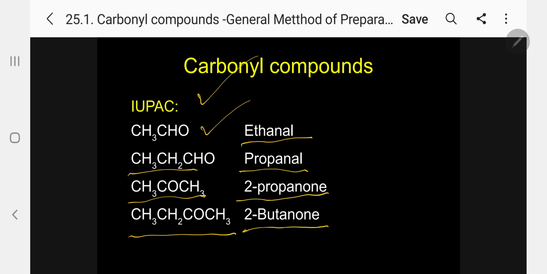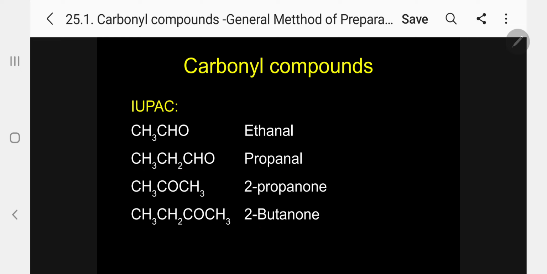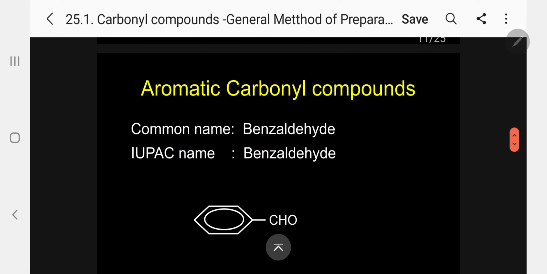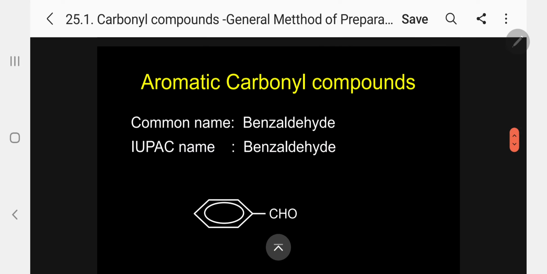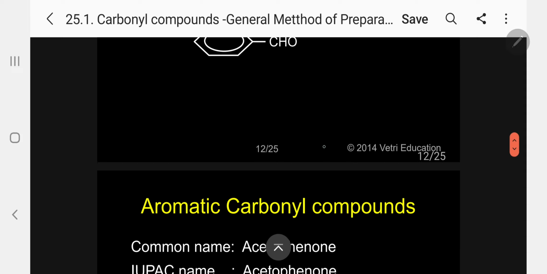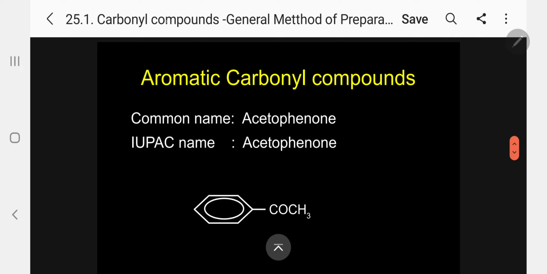Butanone, 2-butanone, this is the IUPAC name. Coming to the aromatic compounds, benzaldehyde. IUPAC name is also benzaldehyde. Kindly follow. Coming to ketones, the first member is acetophenone, common name, and IUPAC name also acetophenone.